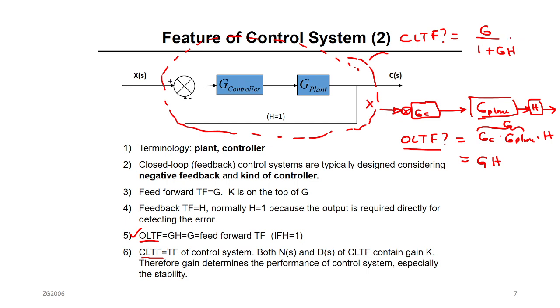Do you remember how you got this? Yes? In other words, this is going to be X, and you want to find a single block between X and C, for example, here. So it's going to be G over 1 plus GH. We call this CLTF. Okay? Remember this. These are the basics.